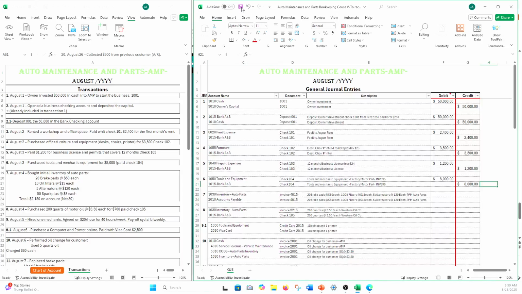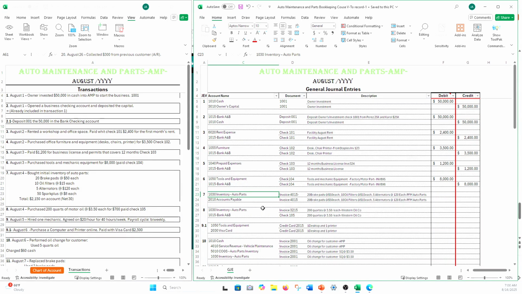Okay, let me save this one here, and now let's continue with number 7. It says that the company bought initial inventory of auto parts. When they say initial inventory, that means our beginning balance in that account was 0 because we don't have anything.